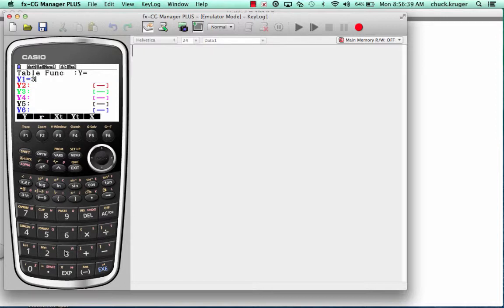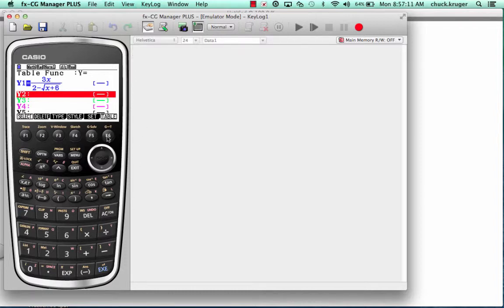It's going to be 3x divided by parentheses 2 minus the square root of x plus 6, then finish my parentheses, press execute, and it looks just like I want it to be. That's what's nice about the Casio.